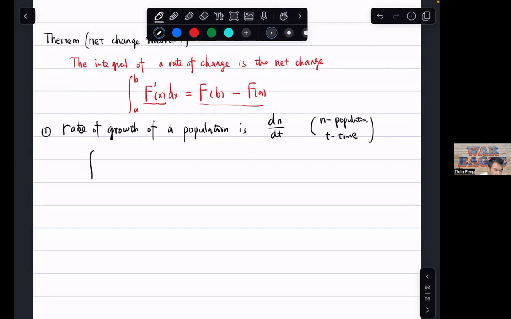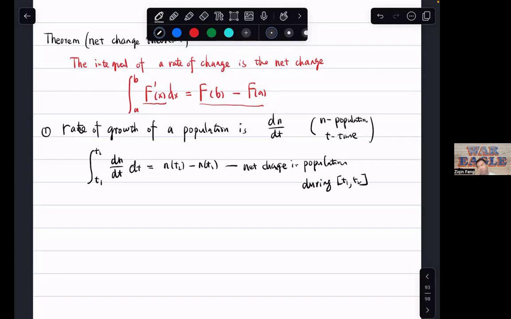So the integral from t1 to t2 of dN over dt dt is nothing but N of t2 minus N of t1, which is the net change in population during the interval from t1 to t2.